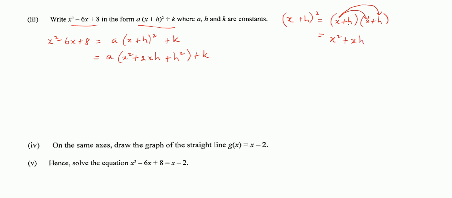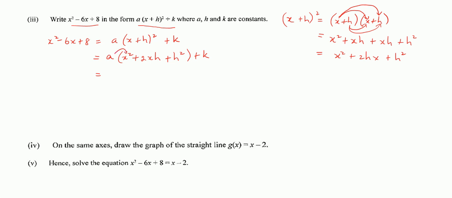Now I take the second term in my first bracket, h by x, and I get xh again. Then I multiply h by h, which gives h squared. So I will end up with x squared plus 2hx plus h squared, or 2xh, it doesn't matter.